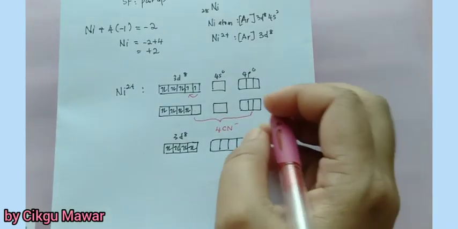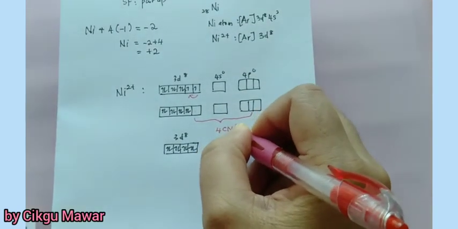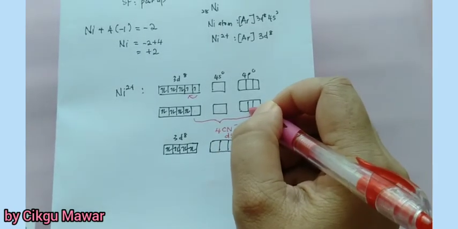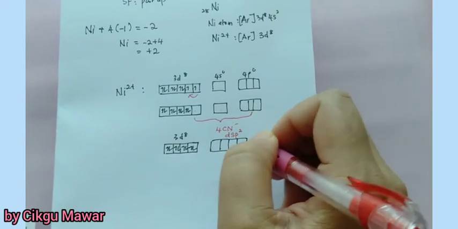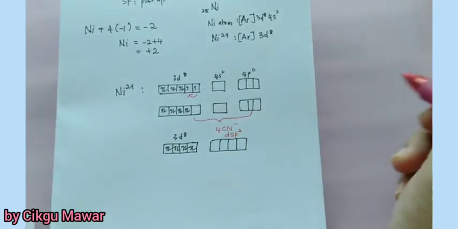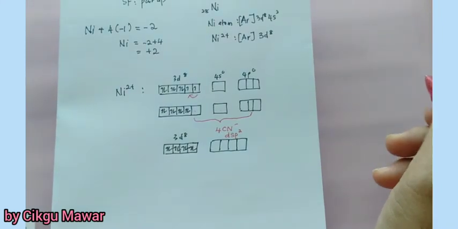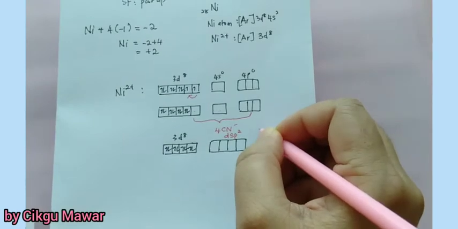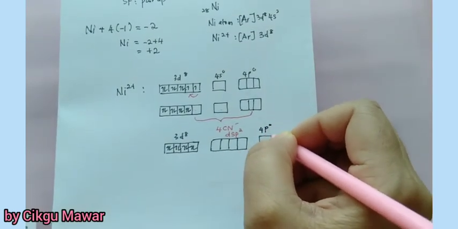So we call this dsp2, because we use 2 empty orbitals of p. This hybrid orbital we call the dsp2 orbital. So we just left one 4p, one 4p orbital unused.